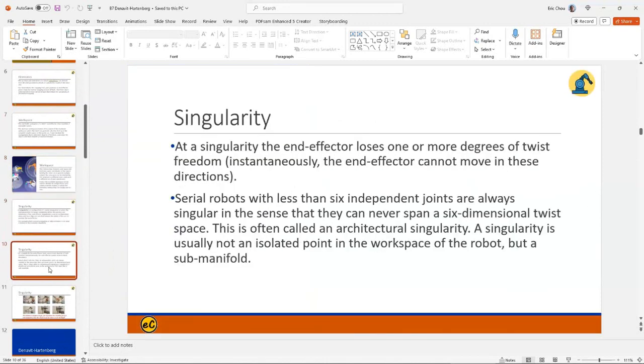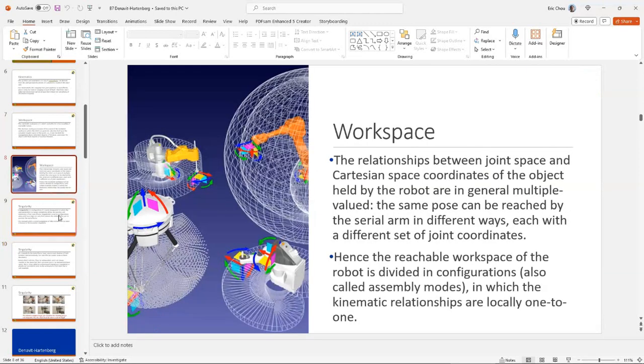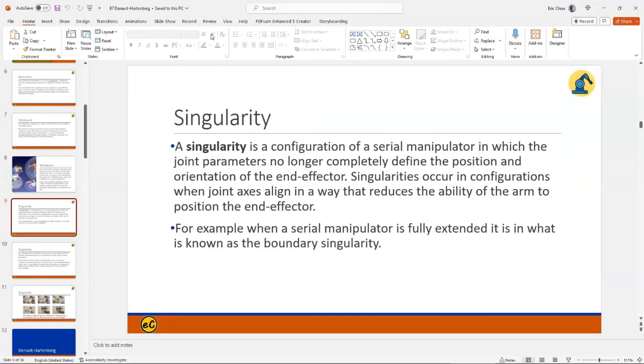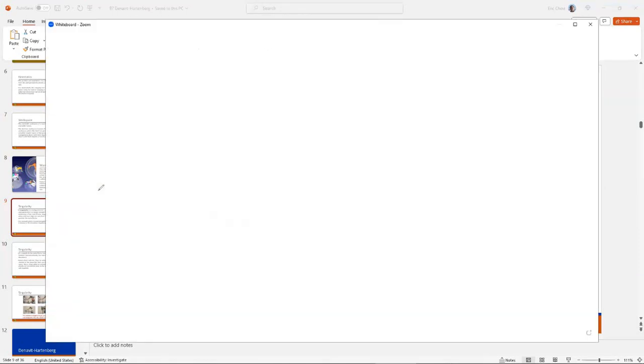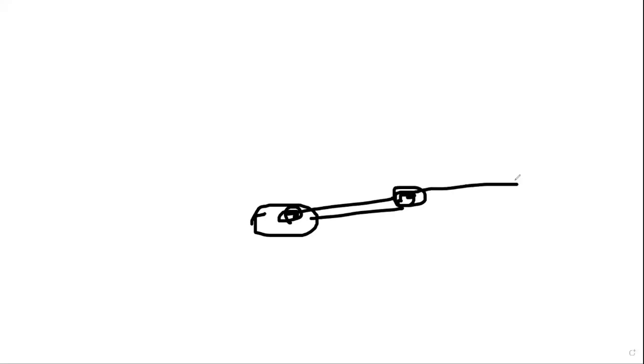That is the basic idea. Okay, so singularity. What is singularity? Singularity means that if I have 2 degrees of freedom, let's assume that right now I'm a robot arm with a rotator here, a second rotator right here, and the end effector right here.